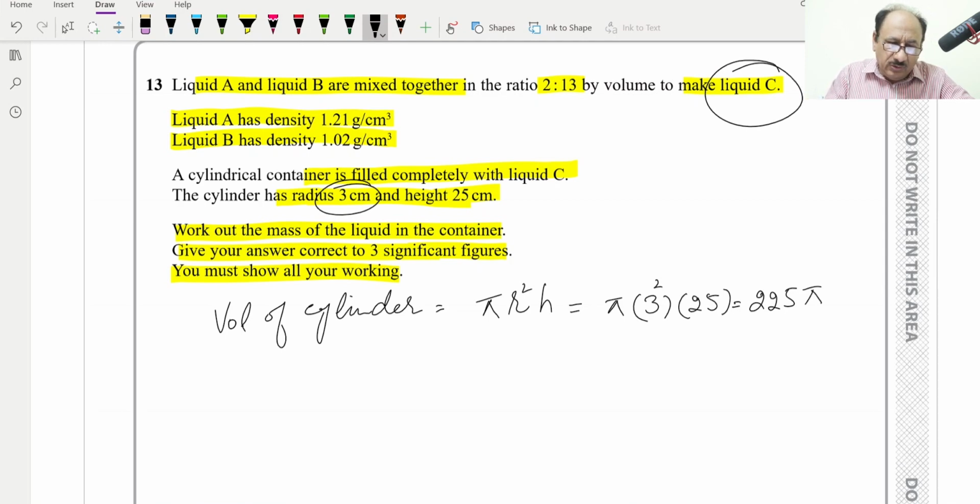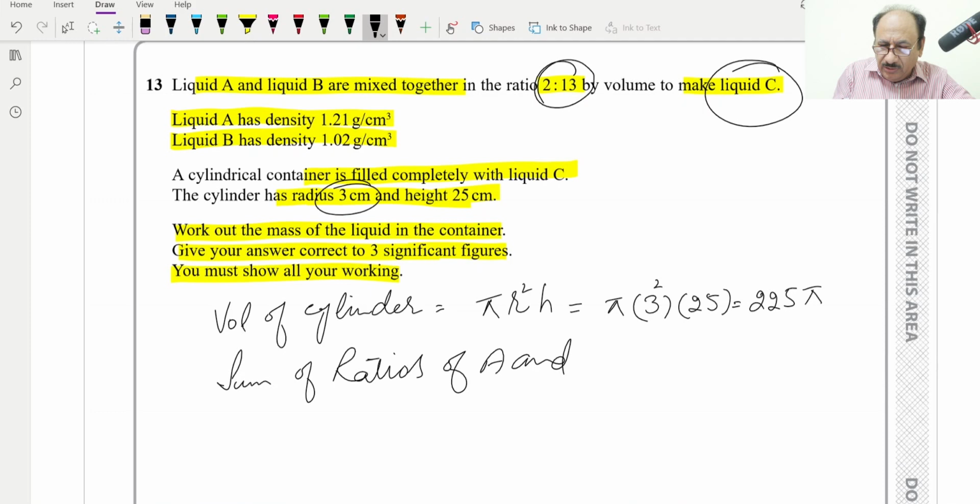Now we have to divide the liquid A and B in this ratio 2:13, and we can write sum of ratios of A and B will be what? This will be equal to 2 plus 13, which is equal to 15.